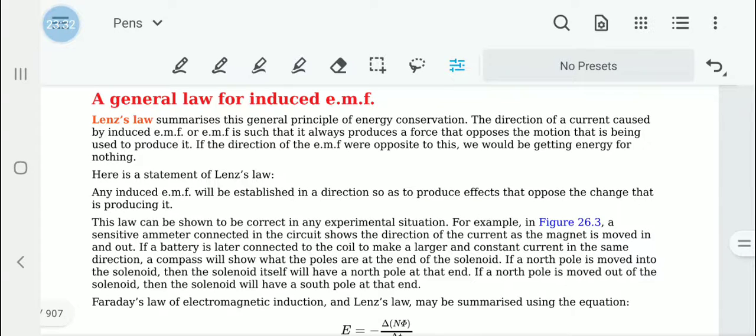If that were a possibility, then we could simply make a magnet continue to go through a magnetic loop, and we would forever get energy. But that is not a possibility. We have to do work against the magnet.